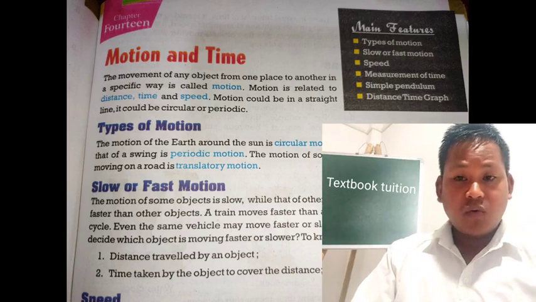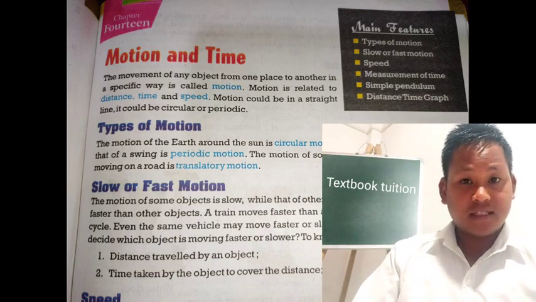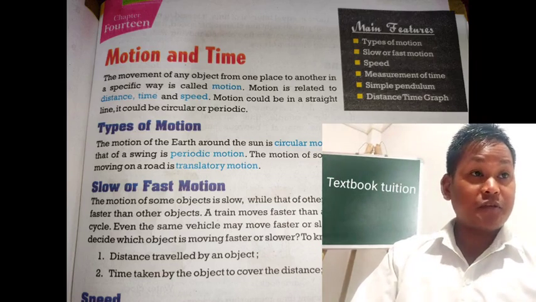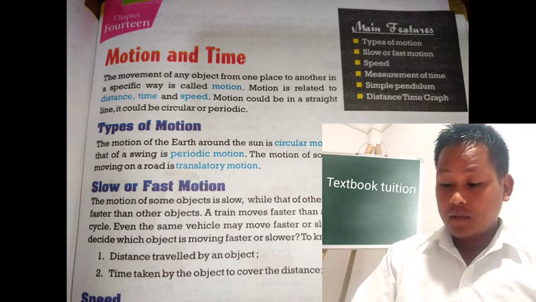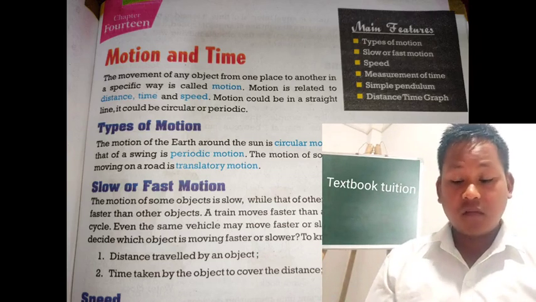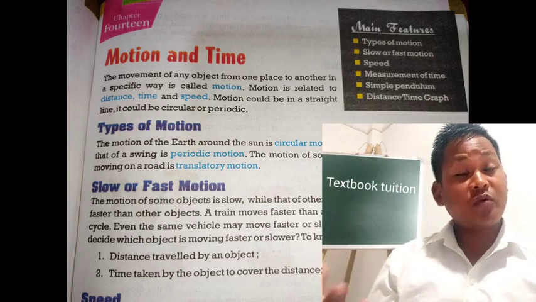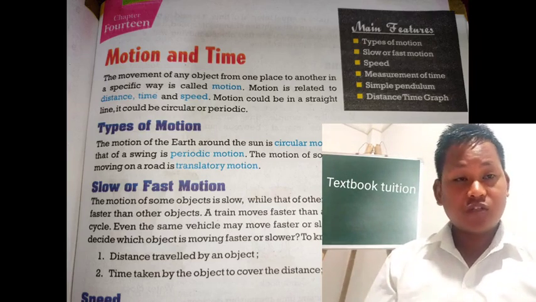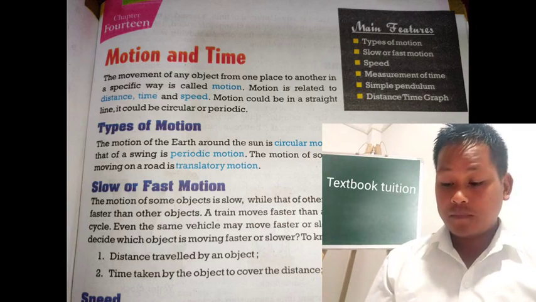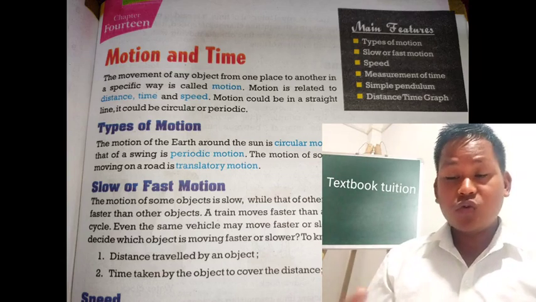These are the different ways, the different times taken, or the speed of the moves. It may differ. How do we decide which object is moving faster or which object is slow? To know this, we should know two things.